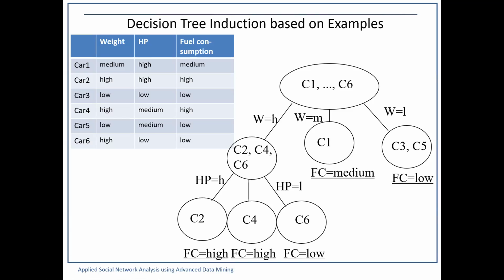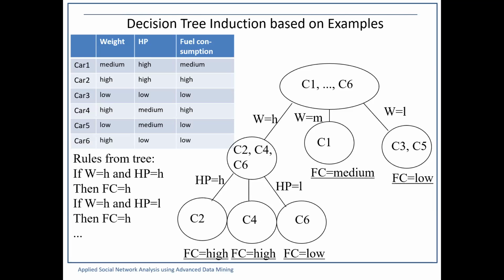Okay, so with this technique, a decision tree, we revealed information in a database. We discovered knowledge in databases, KDD. And the final step is we can generate if-then rules from this tree, reading each path from the root to a leaf, from the initial node to a terminal node, like this.